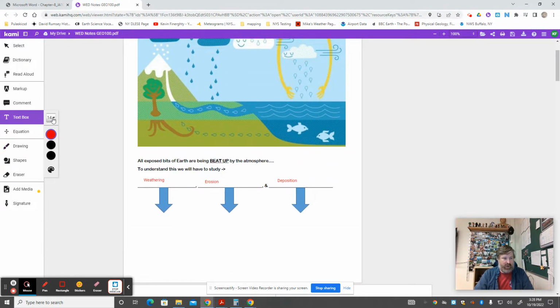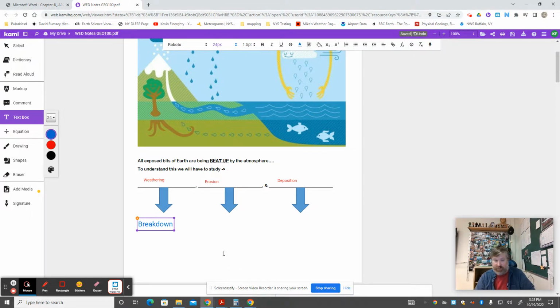So really, if we wanted to put this in simple terms so that we understand what these mean, weathering is the breakdown of bedrock. So take that exposed bedrock that's there, that's old, and break it into pieces through these processes that we're going to talk about in a minute.